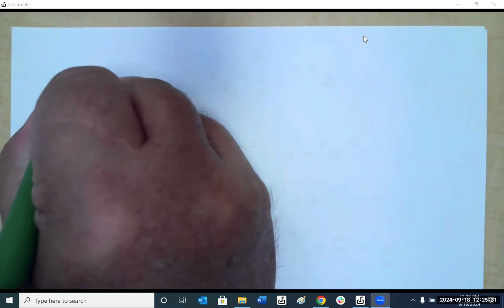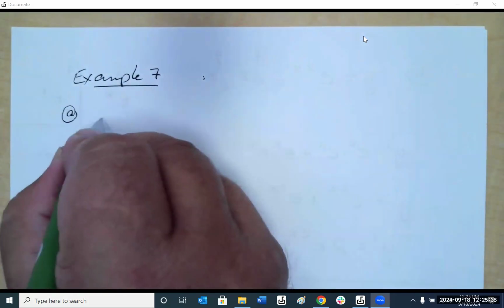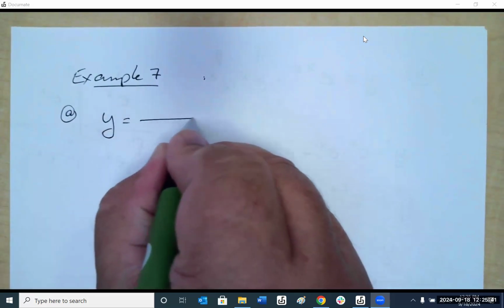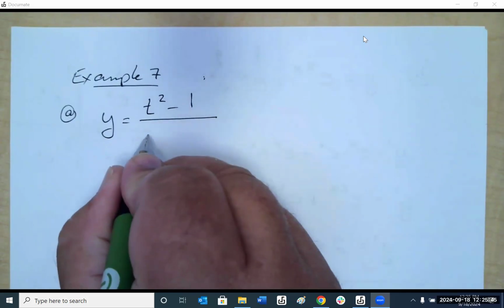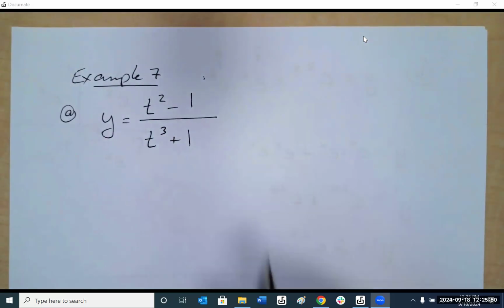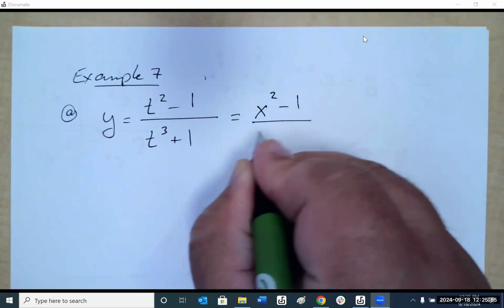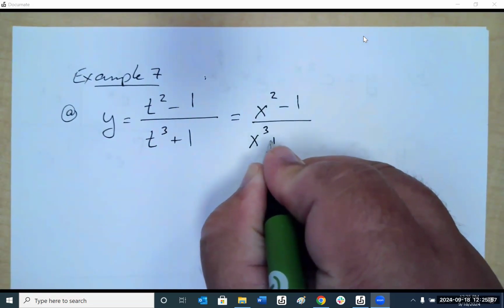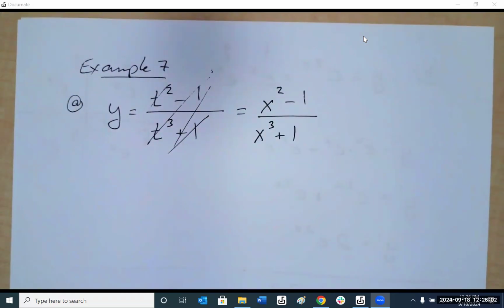So here we have example 7. Here's A. y equals t squared minus 1 over t cubed plus 1. I'm going to use x's instead of t's, because my t's eventually look like pluses and I get confused.